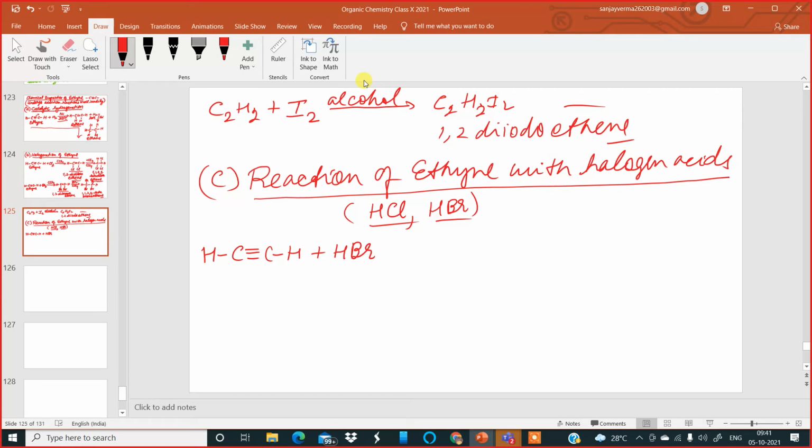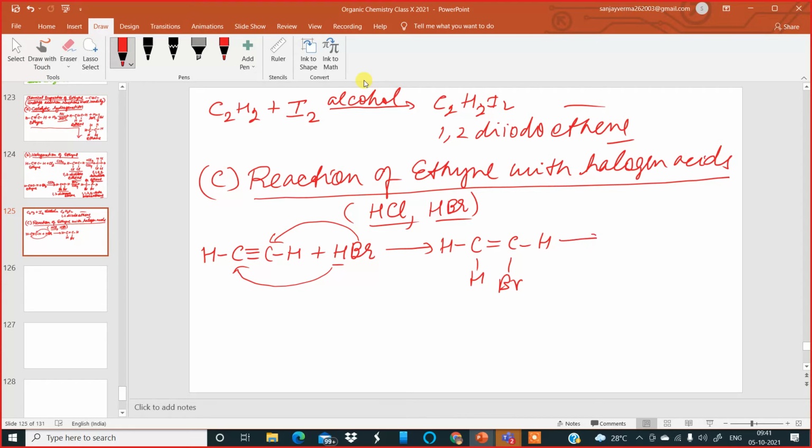So here when we react with HBr, the hydrogen goes to one carbon, the bromine goes to the other carbon, and the triple bond breaks down into a double bond. So the first product which is formed is like this: HC double bond CH, over here H and over here Br. This compound is called bromoethene.